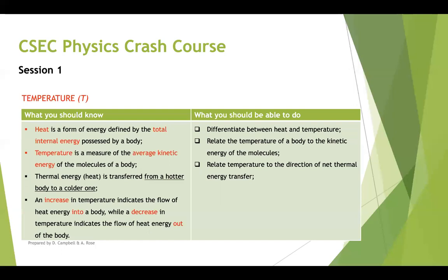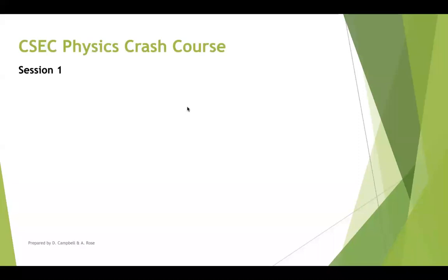So these are some of the things that you should know. And what you should be able to do: differentiate between heat and temperature, relate the temperature of a body to the kinetic energy of the molecules, and relate the temperature to the direction of net thermal energy transfer. All of this that you should be able to do would have been embedded in this section here.